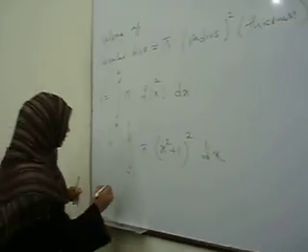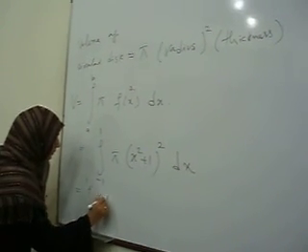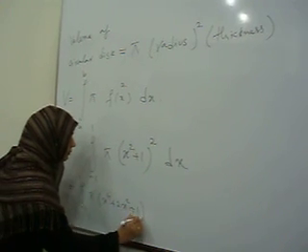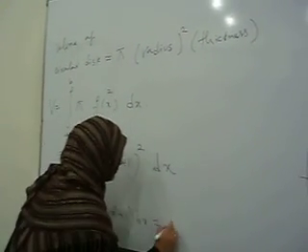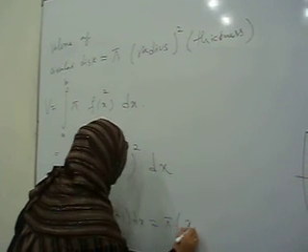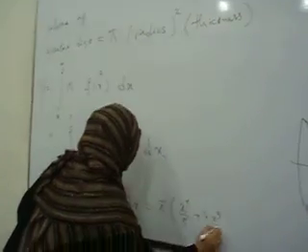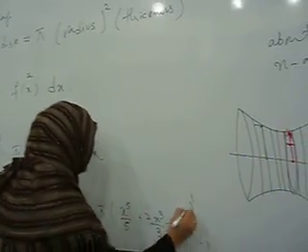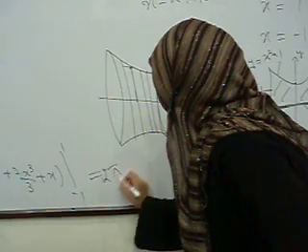So solving this integral, integrating it, applying the limits of integration, I will finally get 2 pi times a constant.